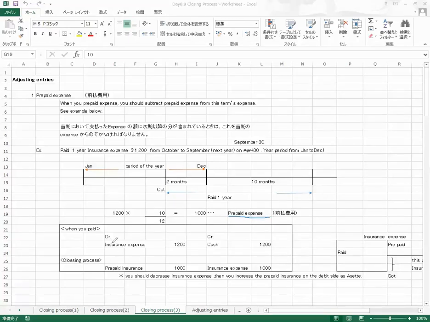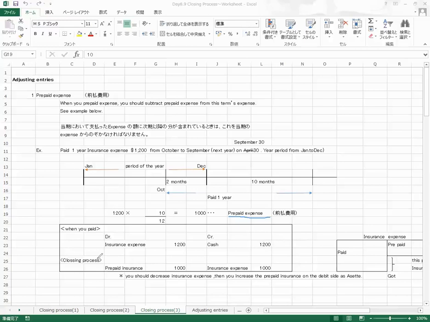Okay, this is the journal entry. How about the journal entry? When you pay insurance expense, debit insurance expense 1,200. Credit, cash 1,200.